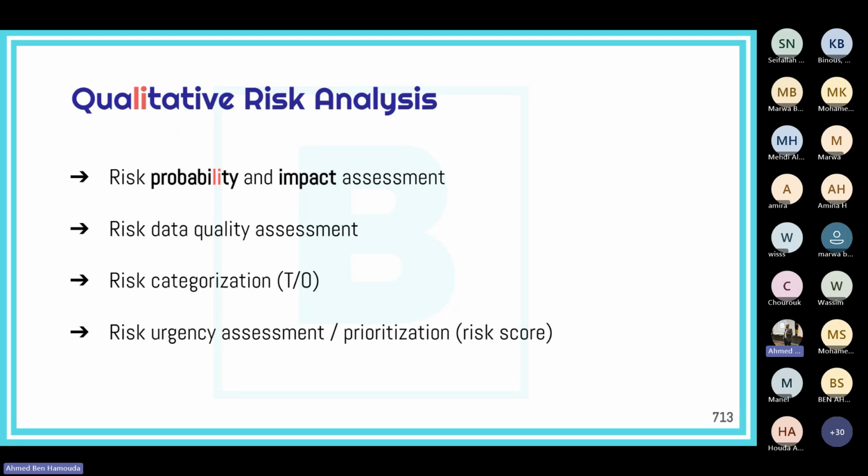It means assessing the probability and the potential impact of a risk, making sure that we're relying on reliable data, understanding whether we're talking about a positive risk, an opportunity, or a negative risk, a threat, and also being able to prioritize risks.